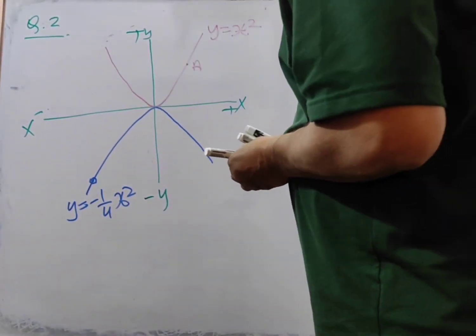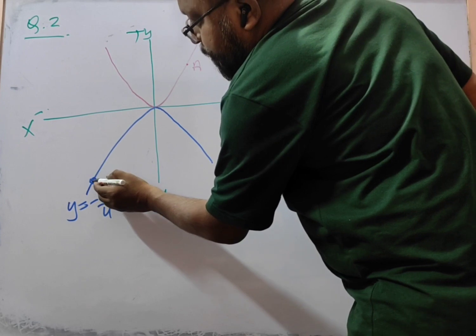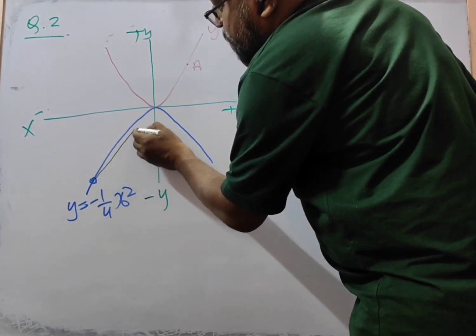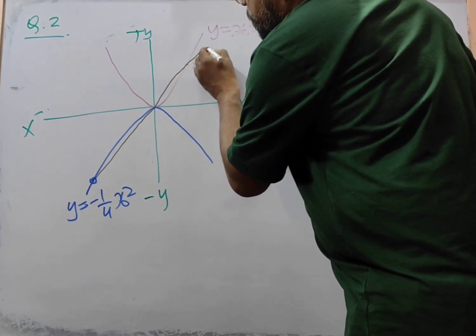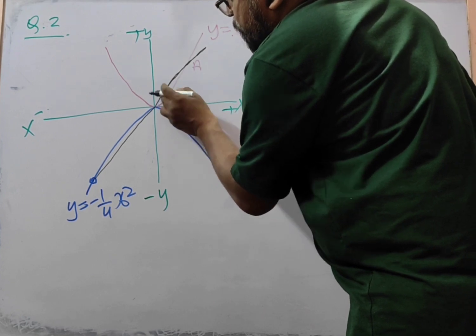Then they are joined by a line AB, which is passing through origin, right? So the line is like this. This is the line we have, right?